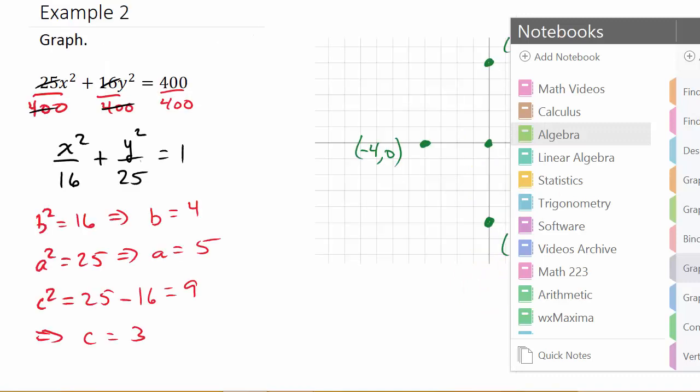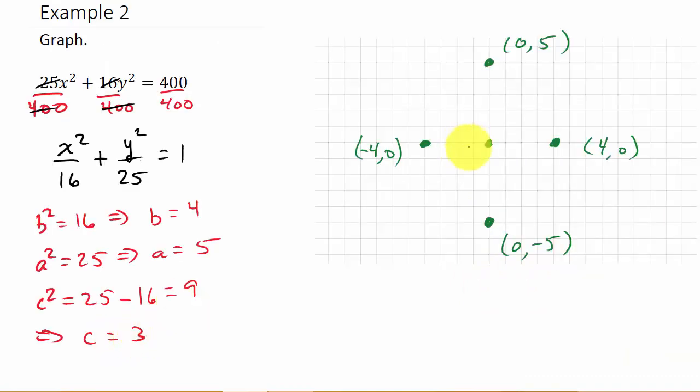All right, so c is 3, so that means I'm going to go up 1, 2, 3, and down 1, 2, 3. And then I don't know how good this is going to look, but I'll do the best I can. And there's the ellipse. Not the best drawn ellipse, but it works. So we know this is the point 0, 3, and this is the point 0, -3.